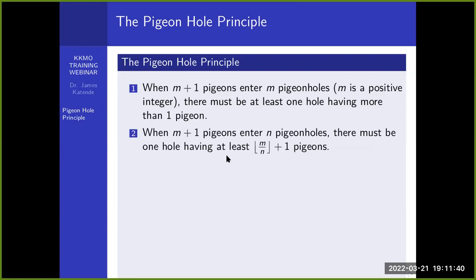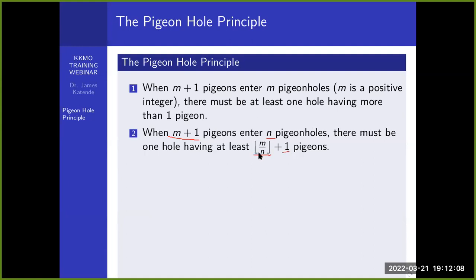The next one is basically a restatement of the same, but slightly more general. It says if you have m plus 1 pigeons and you have n pigeonholes, then there must be at least one hole with at least a certain number of pigeons.